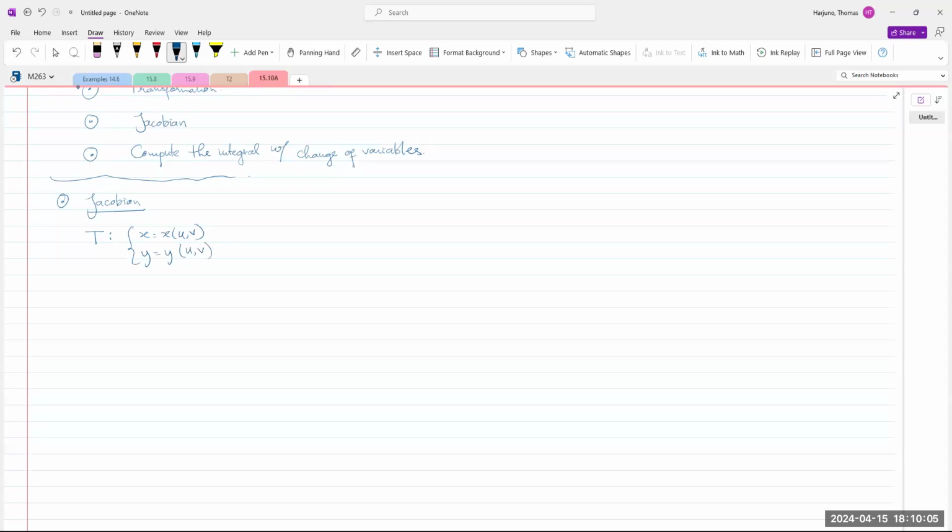Then the Jacobian, which I call J, denoted by ∂(x,y)/∂(u,phi), is defined as the determinant of ∂x/∂u, ∂x/∂phi, ∂y/∂u, ∂y/∂phi.